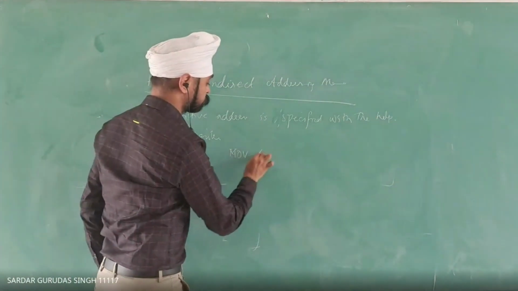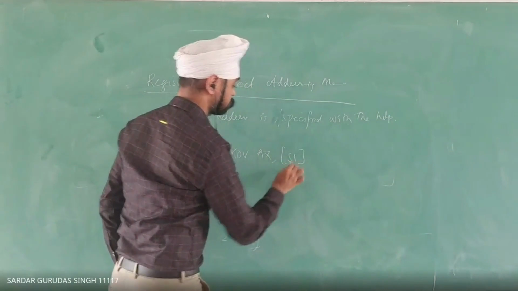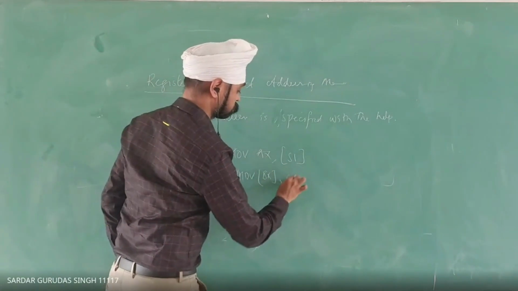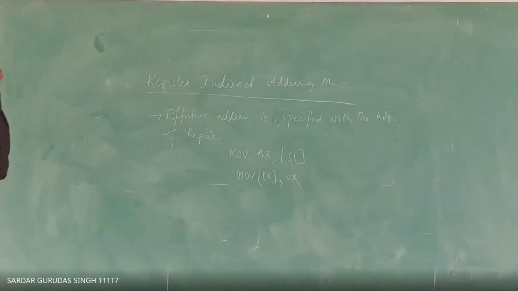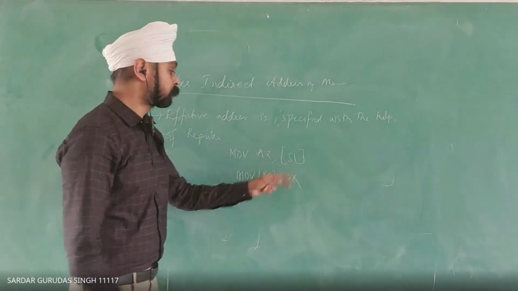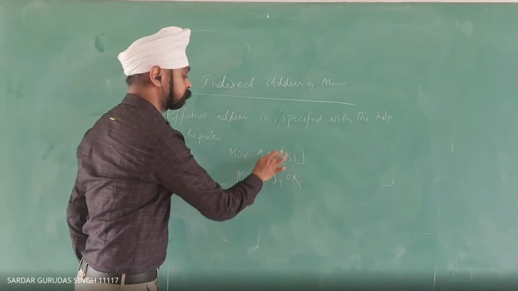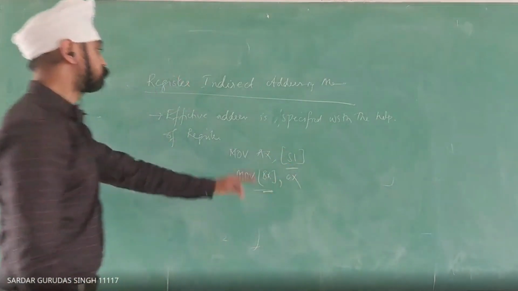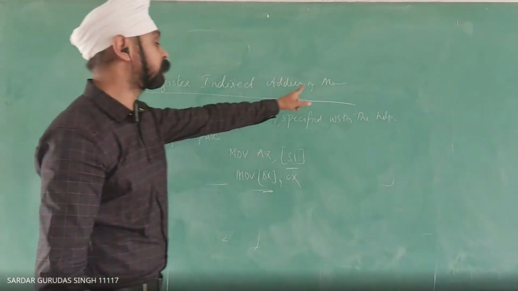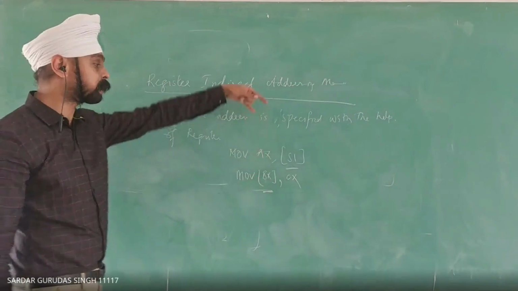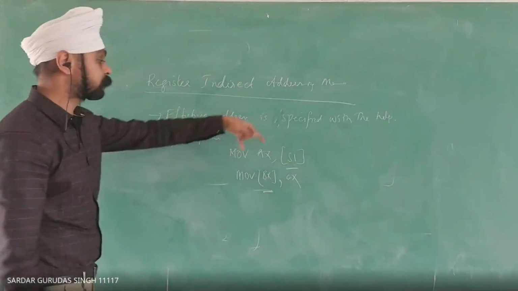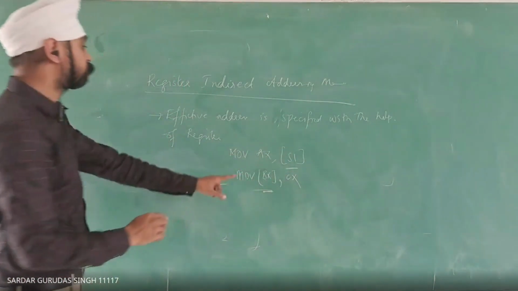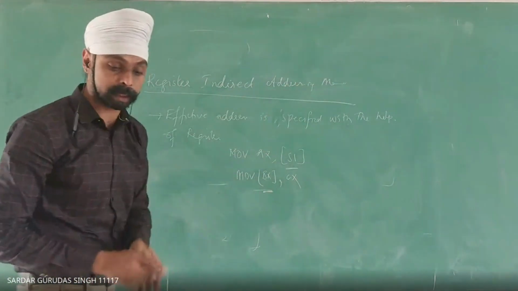Example is move AX, comma. Here you can see that in the example, the effective address is specified with the help of a register. That is the reason why it is known as register indirect addressing mode. We are not specifying the effective address directly in the instruction. We are specifying the effective address with the help of a register. That is why it is named register indirect addressing mode.